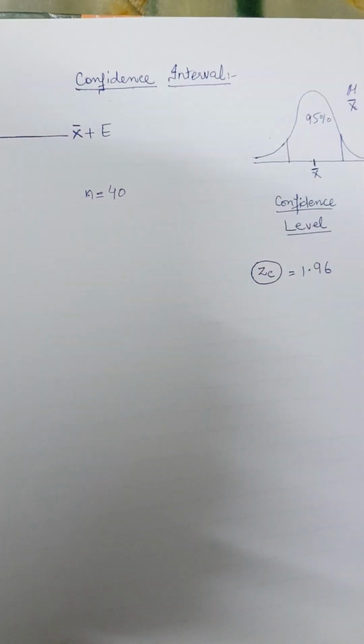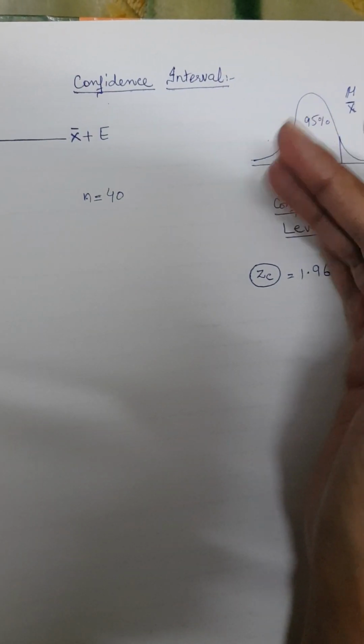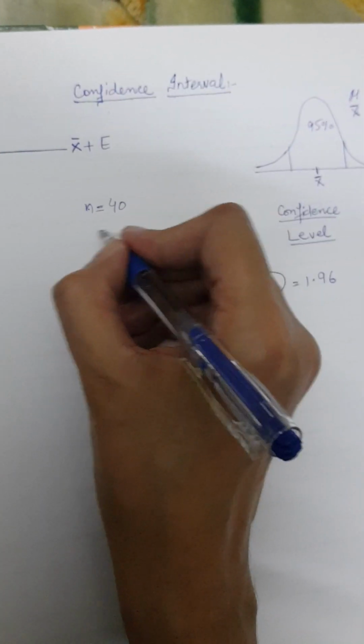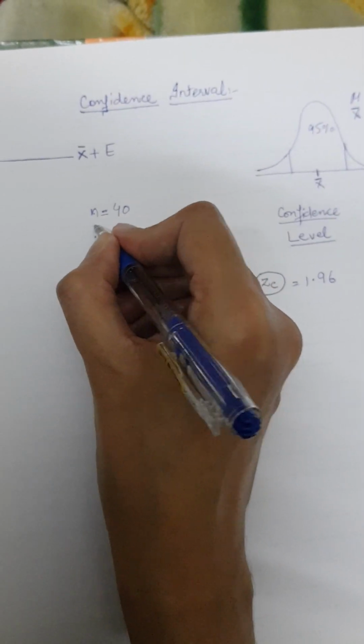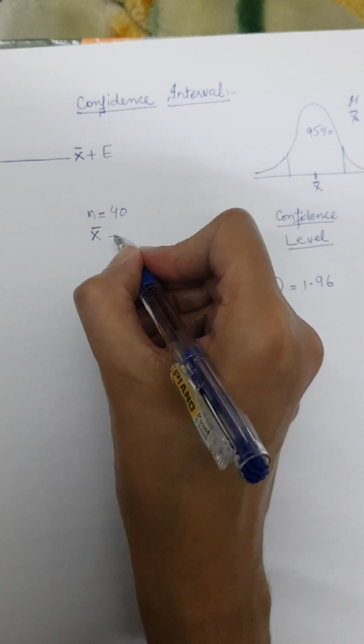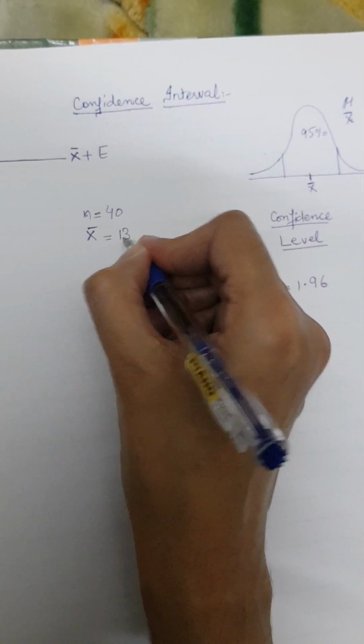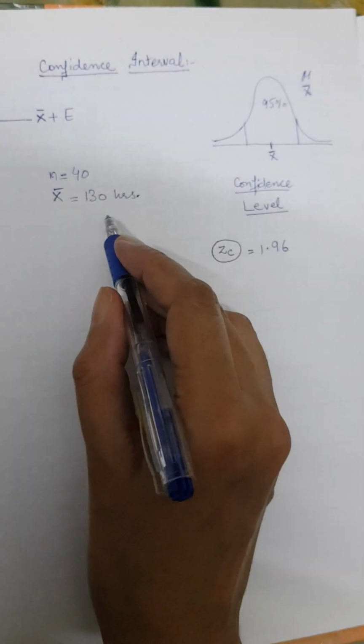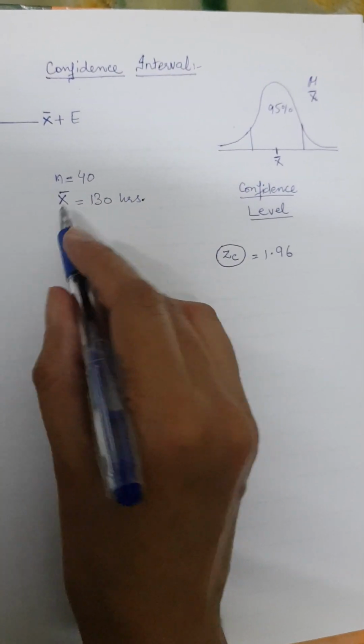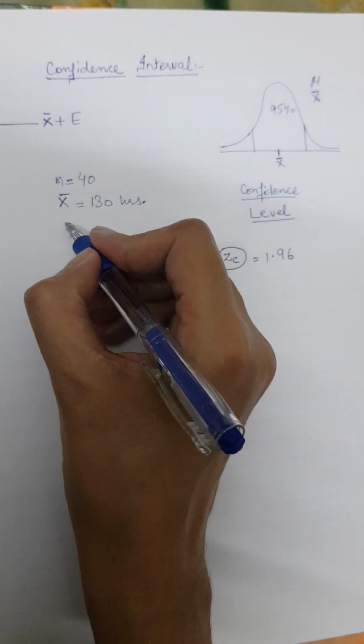Say for example, for our 40 values, let's say our sample mean is 130 hours, and the standard deviation, say, is 50.